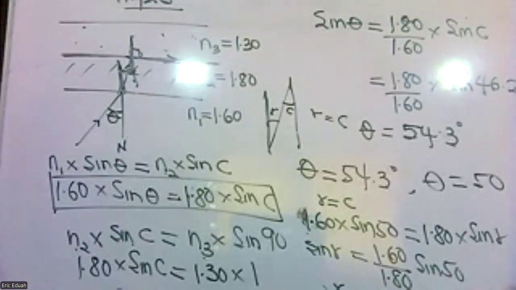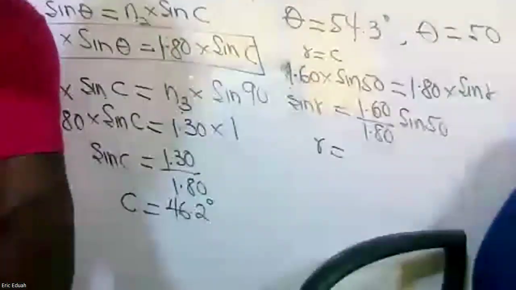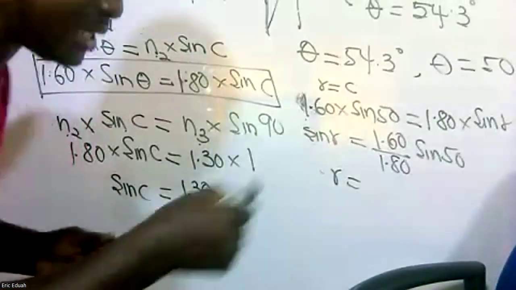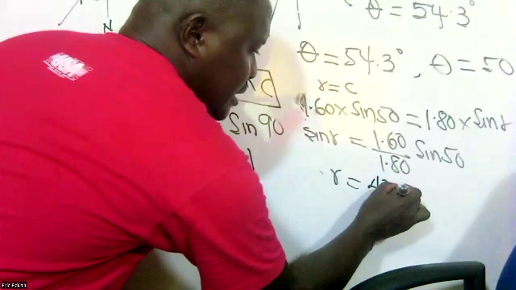Sine 50 times 1.6 divided by 1.8 is .68. So what is the sine inverse? 42.84. So if we reduce theta to 50, R will be 42.84.